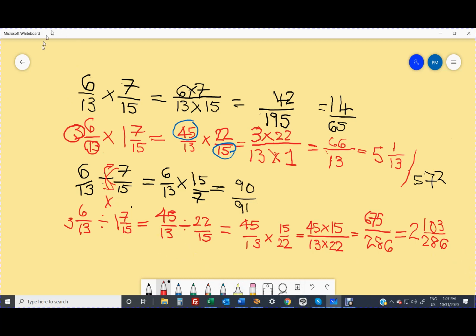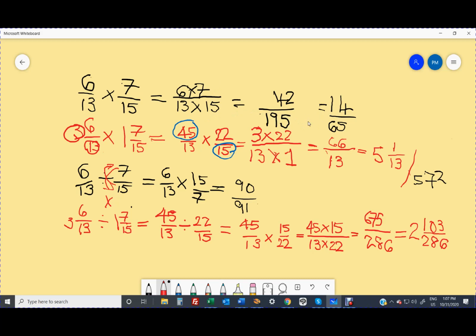Let us concentrate on what we did to achieve our understanding of what our results are. So the first one was 6/13 times 7/15. We put all the numbers over the top and all the numbers in the bottom and multiplied them out. 6 7s are 42, 13 15s 195, and then we broke it down a little bit.